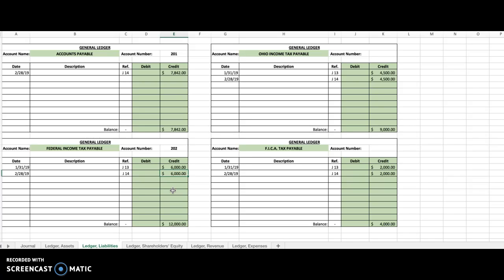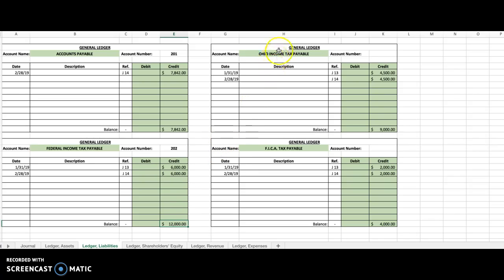Eventually, we will have to pay it for them. It's really their money, but it's considered a liability right now because we withheld it from their paycheck, and we will have to pay it. And now you see that the balance down here is $12,000. That tells me, obviously, if this were the end of the quarter, that's how much we would have to pay on behalf of the employees to the federal government.